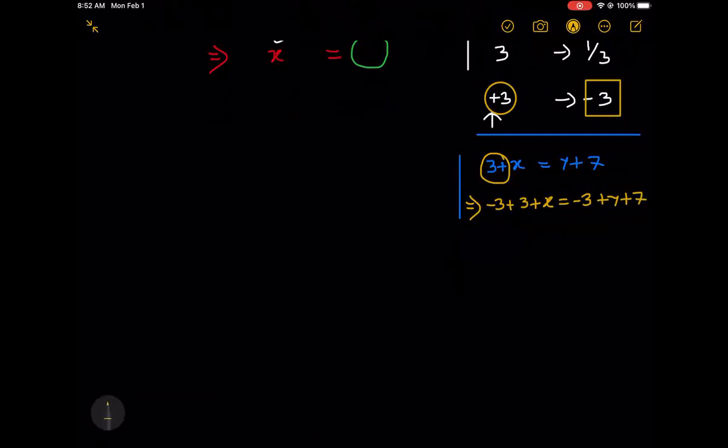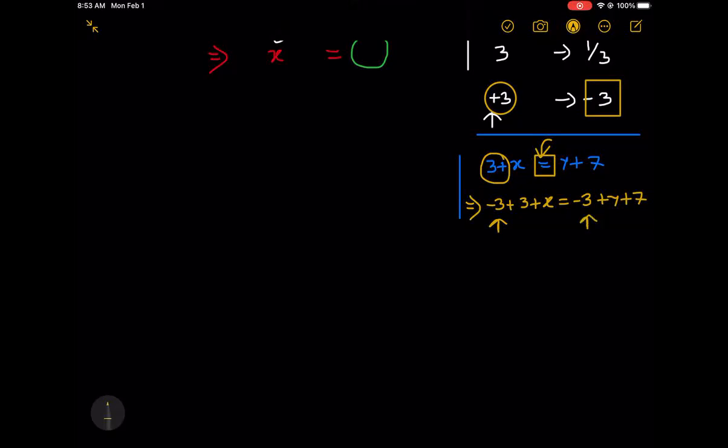Whenever you have an equation, if you add anything, if you subtract anything, you need to do that on both sides. Otherwise, the value will get changed. And we don't want to do that because we have an equality. We want to keep that intact. So if I subtract 3 from the left side, we have to do the same on the right side as well.